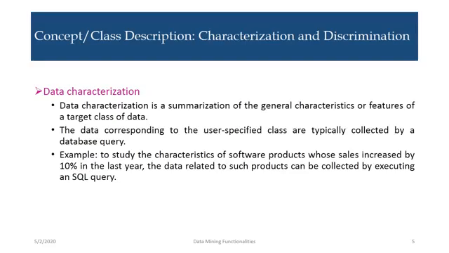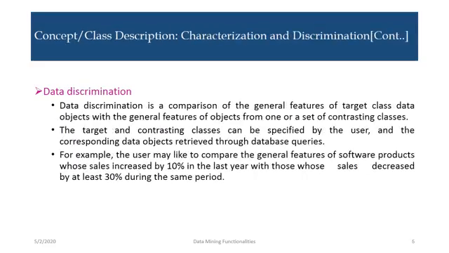This can be retrieved from the database by putting an SQL query in the database, and we can retrieve the sales data about the particular software product whose sales value has increased 10% in the last year. So here we are specifying typical characteristics of data, that's why it comes under the category of data characterization. Now data discrimination.